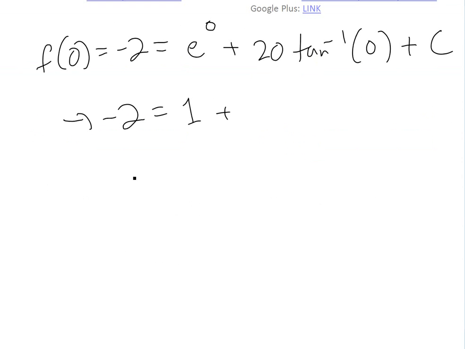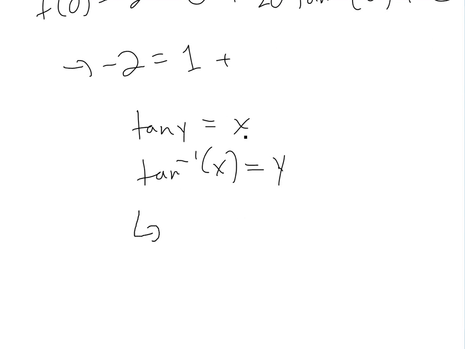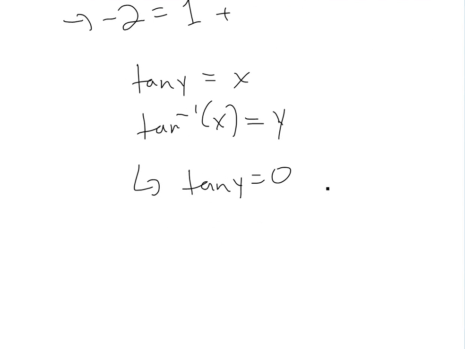Remember, it's an inverse function. So if you had something like tan y equals x, then inverse tan of x is equal to y. So it's just basically solving what this value would be. Basically, if this x is 0, we're going to have tan y equals 0. And if you look at the graph of tan of x, it's something like this.